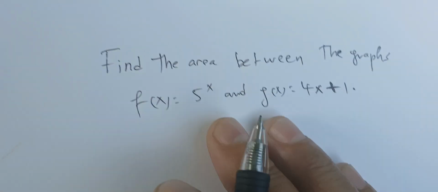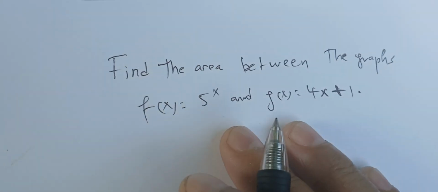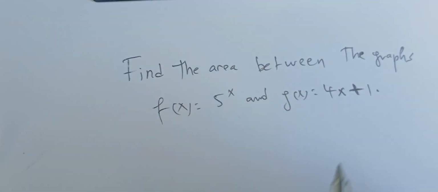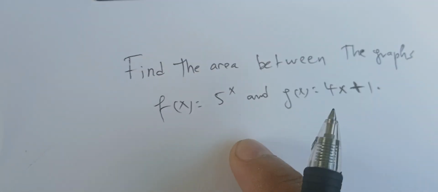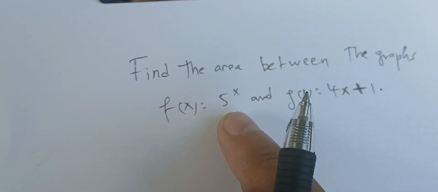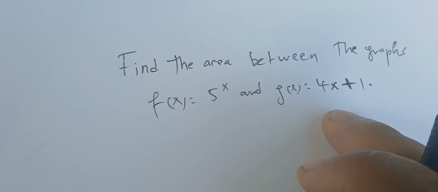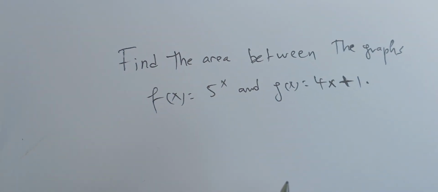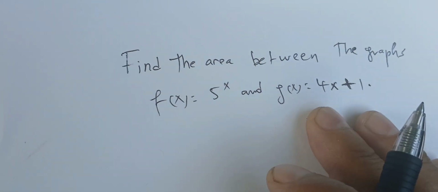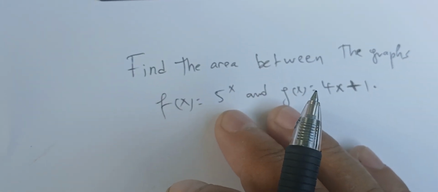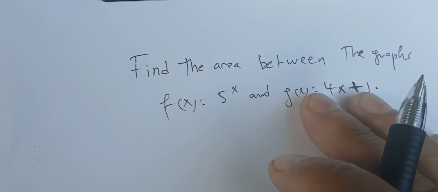Let's try to find the area between the graphs of these two functions, f of x = 5 to the power x, and g of x = 4x plus 1. When I tried to solve this problem, the issue that I had is I tried to find the points of intersection.